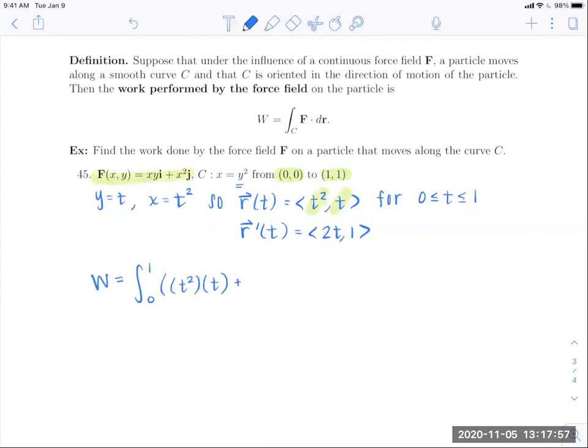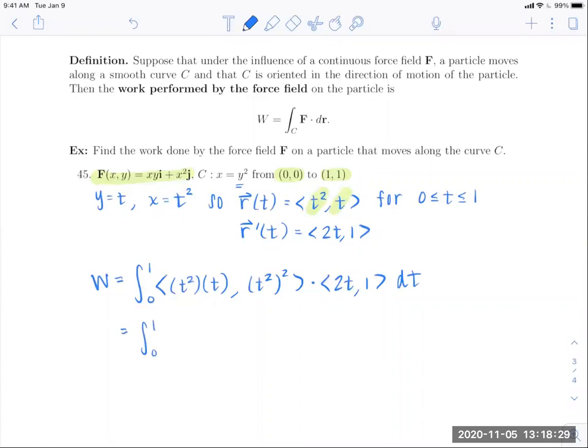Oh, and excuse me, let me actually write this as a vector. So let's correct that. Let me use the angle brackets. And then comma, the j hat component is x squared, which is t squared squared. And then dot dr, remember I want to dot it with the derivative r prime of t. So 2t comma 1. And of course, as always, we want to integrate with respect to t.